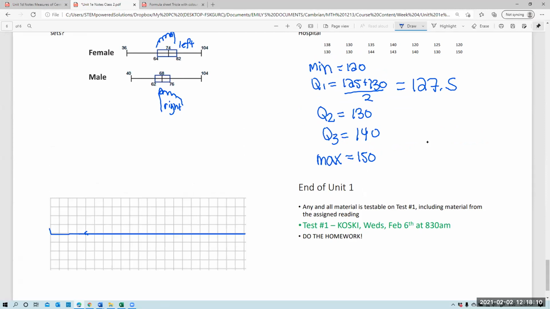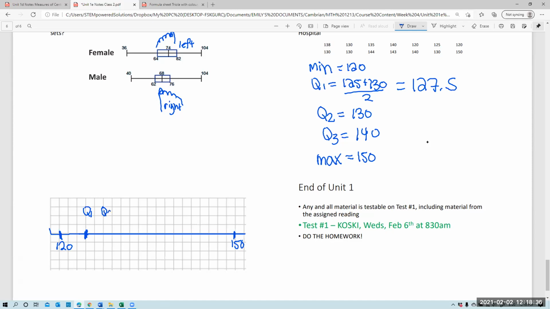All right, in order to generate my box plot, I'm going to have 120 right here. So my minimum value is 120. My maximum value is 150. I'm just going to guesstimate for now. My Q1 is way over here, so that's 127.5.